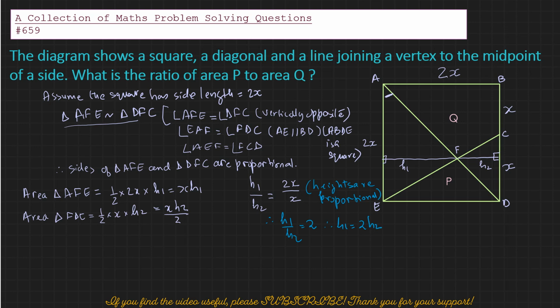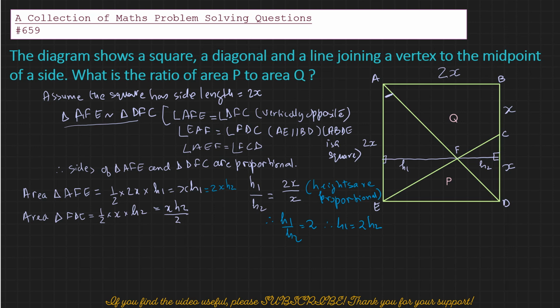So I can write the area as 2x h2, and the other area remains the same.